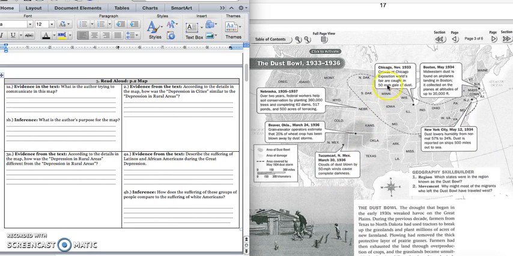Well, we know that the dust storms are really strong. Dust storms in the cities and in rural areas were at least 50 miles per hour. So that's one thing you can write down for number 2. Dust storms in cities and rural areas were at least 50 miles per hour.